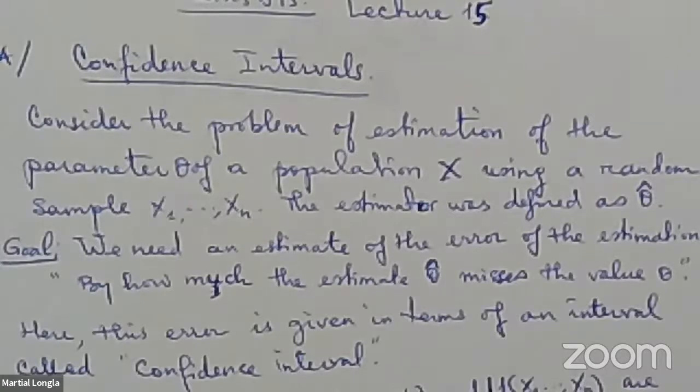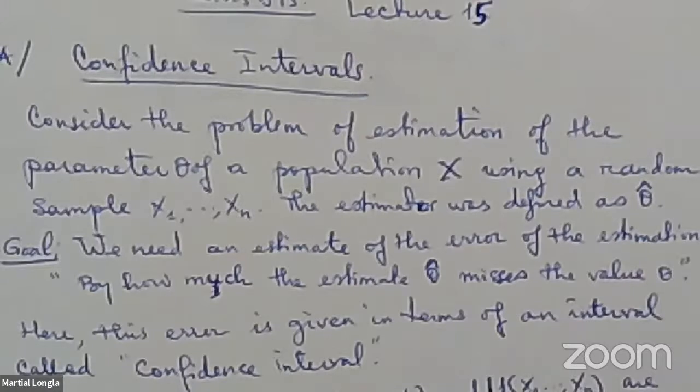So when you estimate, you don't know theta, you take your population, you take a sample from it, you obtain an estimate, and the question is, how far is your estimate from the true value? And that's the question that we will answer today in various setups.